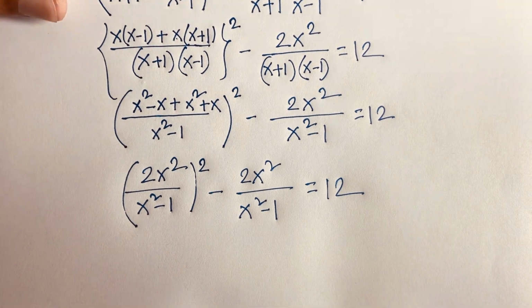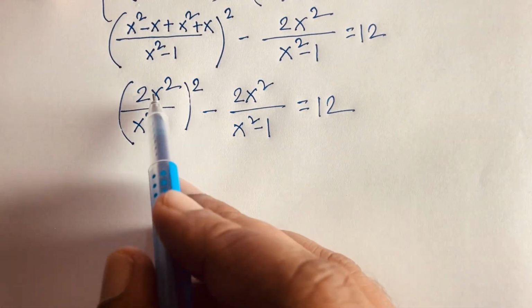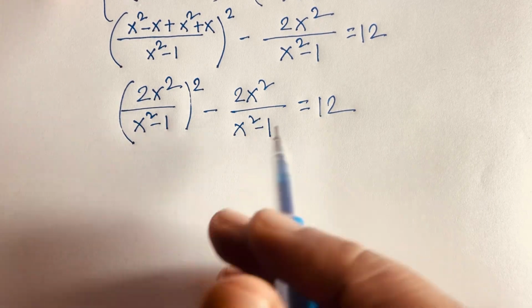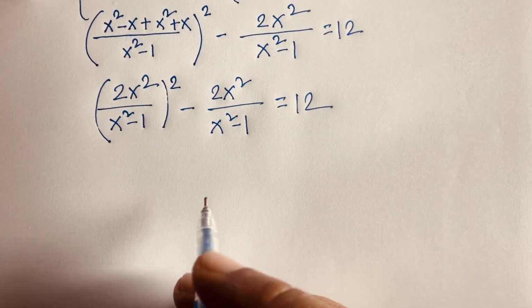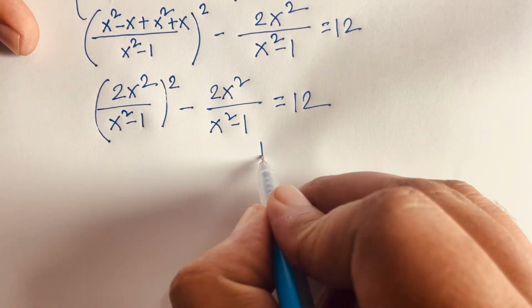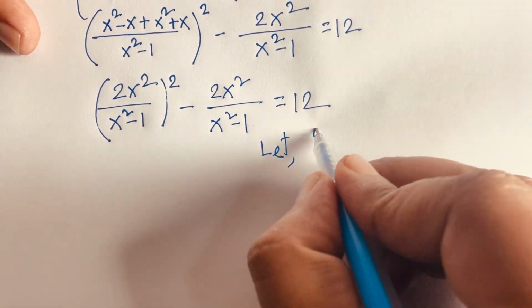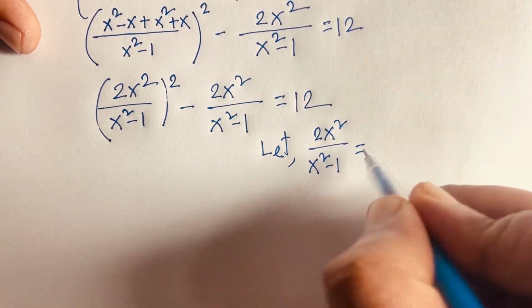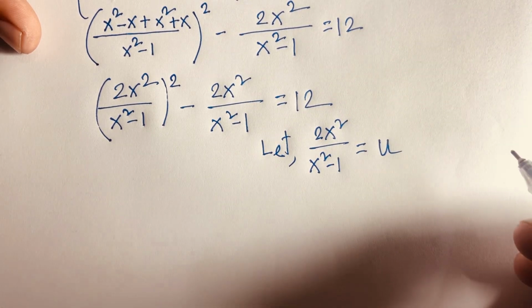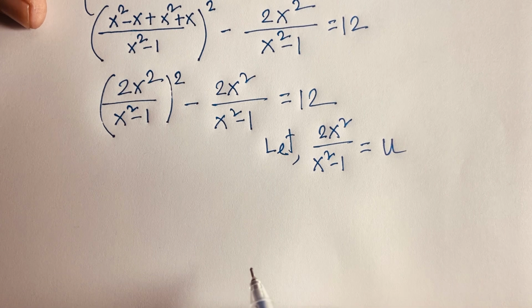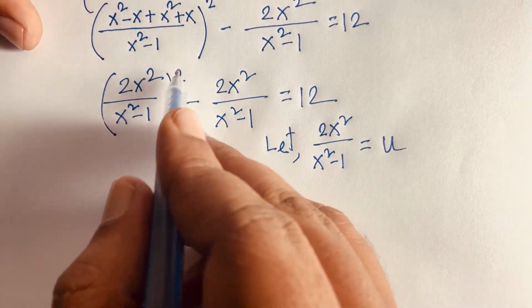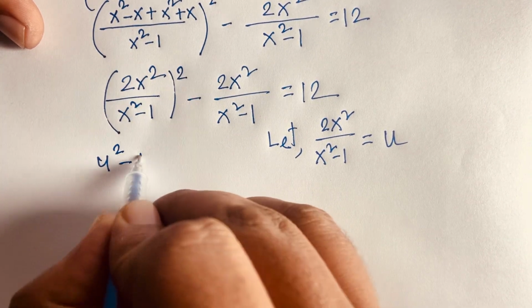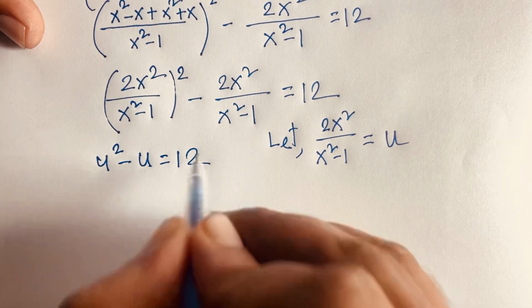At this moment, look, here is 2x²/(x²−1), and here is 2x²/(x²−1). So let 2x²/(x²−1) be equal to u. So at this moment it will be u squared, so u² − u = 12.